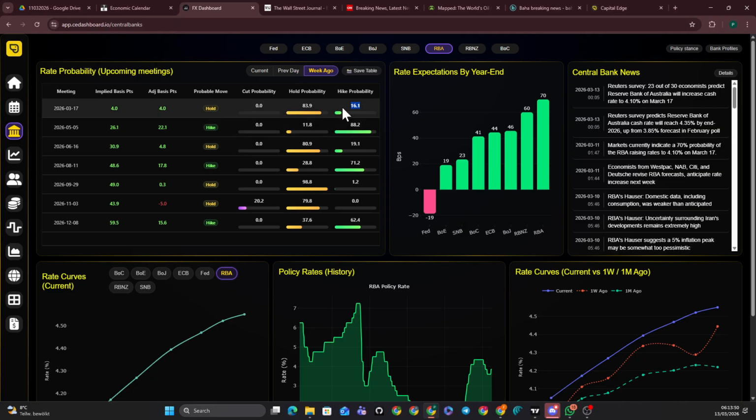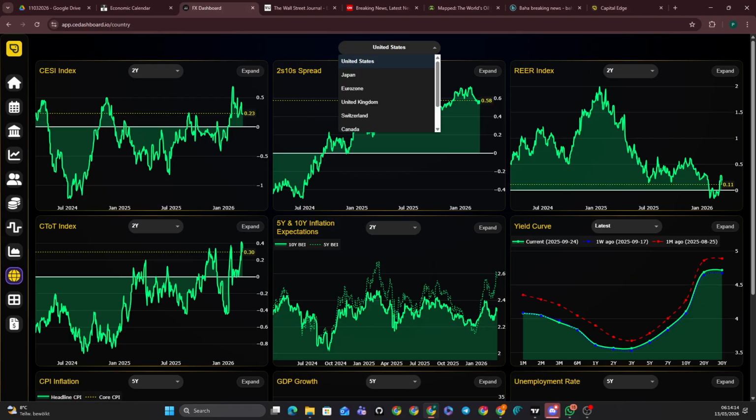Like 16.1% of market participants were expecting a rate hike, while almost 84% were expecting a hold decision. But now it has shifted to 81.9%, because let me show you guys.